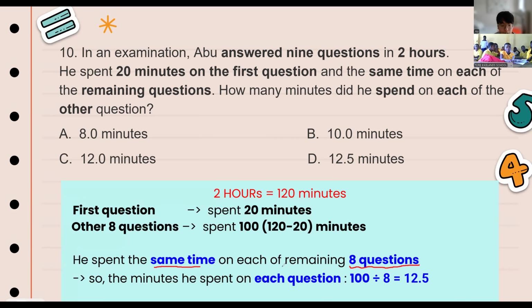So we can divide the remaining time, 100 minutes, divided by 8 questions to see how many minutes he spent on each question. Since he spent the same time on each of the remaining questions, we divide that by 8. And then the answer that we get is 12.5.